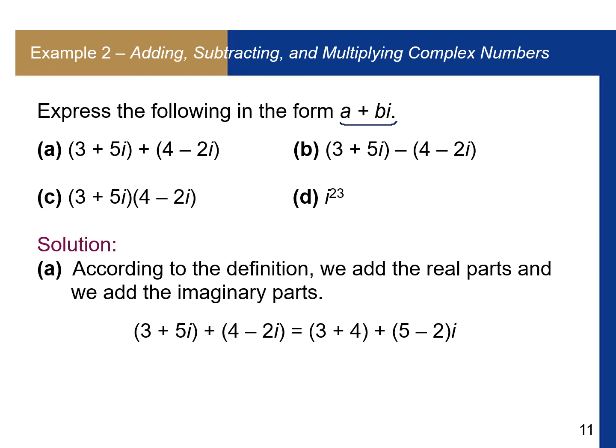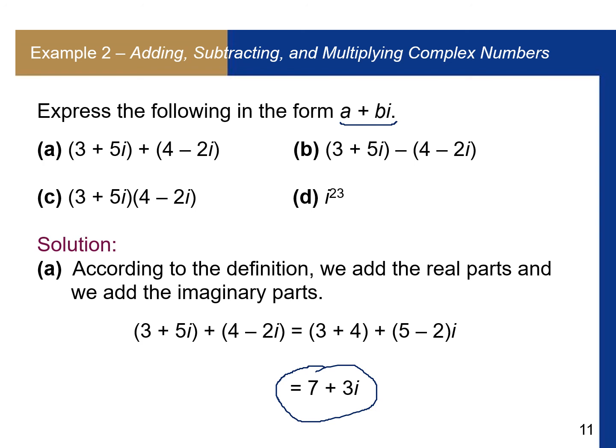So here I have my 3 plus 4, and then I have my 5i minus 2i. When I simplify that, I will get 7 plus 3i. So this is now my number that I get from adding the two imaginary numbers up here.